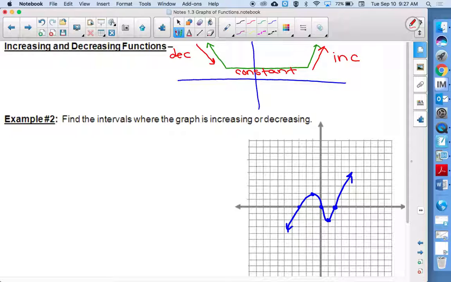The function can do multiple things. So this actually does all three possible options besides the part where we go vertically. We have the decreasing part, we have a constant part, we have an increasing part. We are going to be describing these.